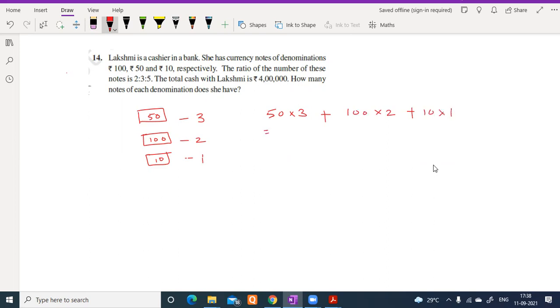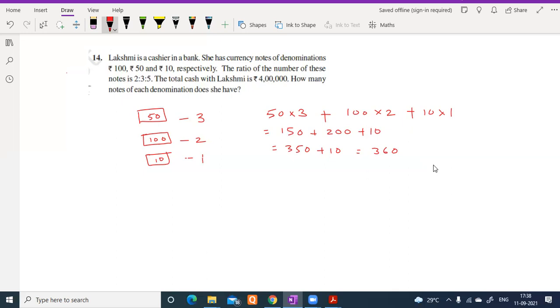So what will it be? 50 threes are 150, plus 200, plus 10. That is 350 plus 10, which is equivalent to 360. So you would reply that you have a total amount of 360 rupees in your pocket, with which you are going to buy whatever is required.